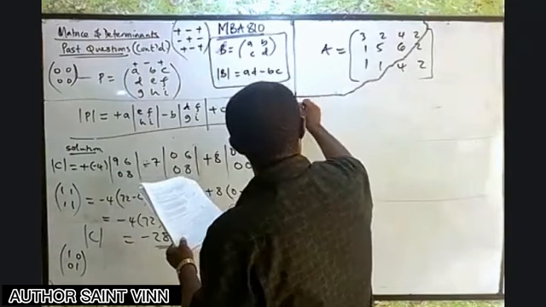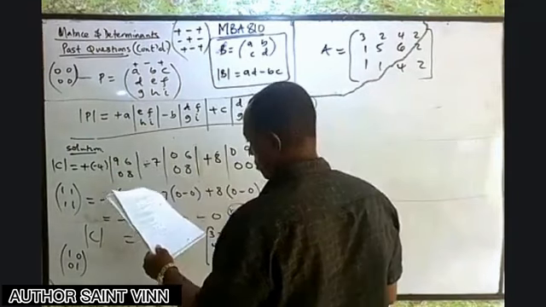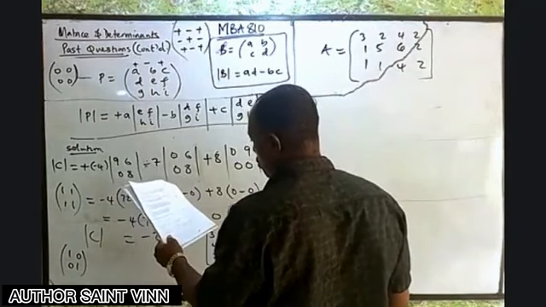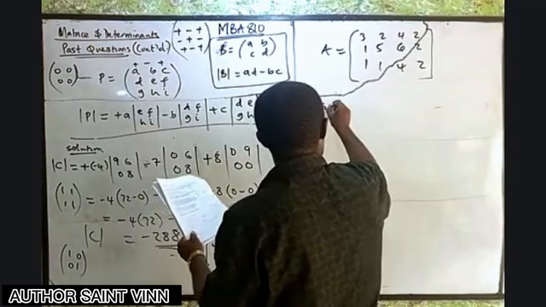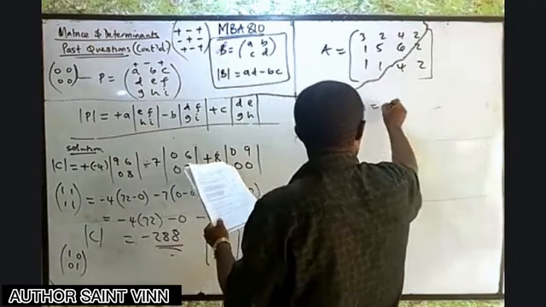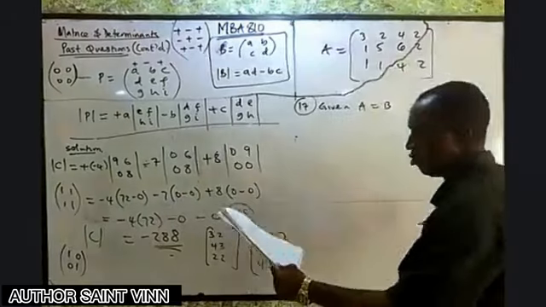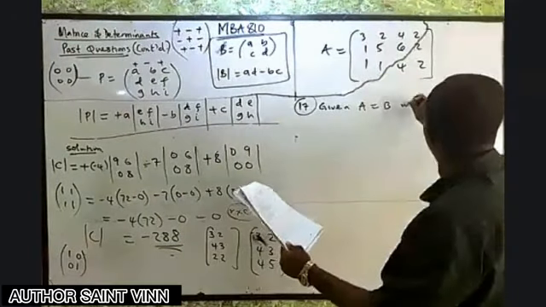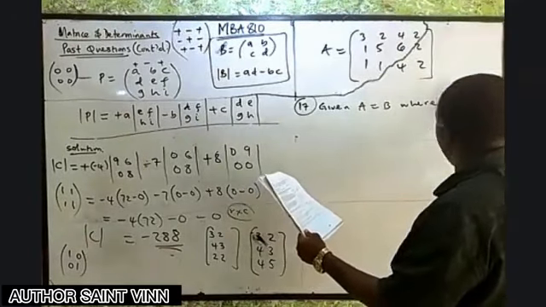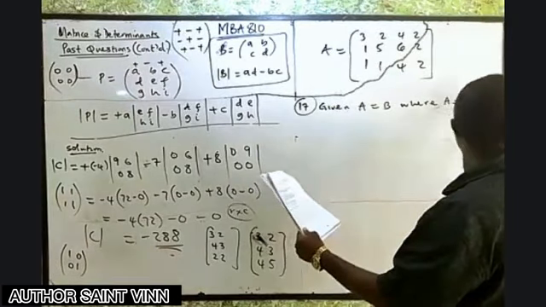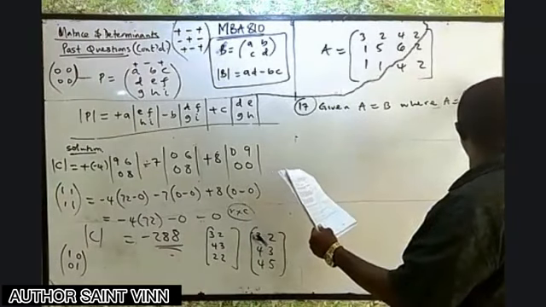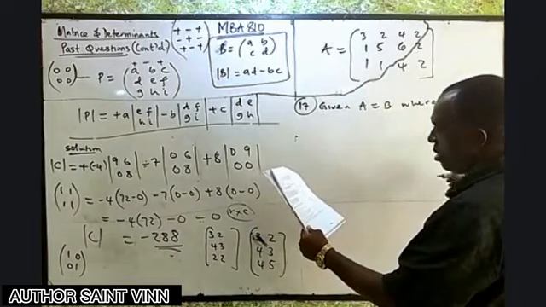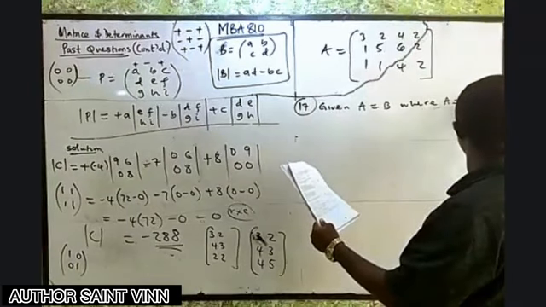That should be number 17. What they want to write there is: given A equal to B. That should be what is there. Where A, this one is similar to what we have done, but we have not done this 2 by 2 before.